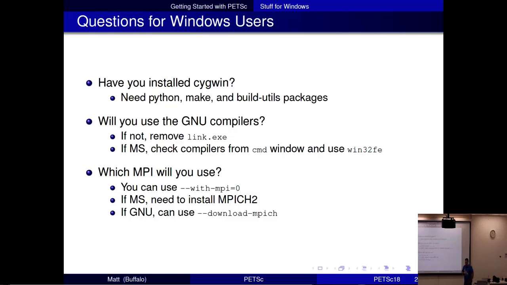If you don't have Windows 10, then I would recommend Cygwin because we need Python and we need make and we need build utils. Now, you could possibly get away with like ActiveState Python for Windows, but you'd still need make clones, and I think we use sed sometimes.